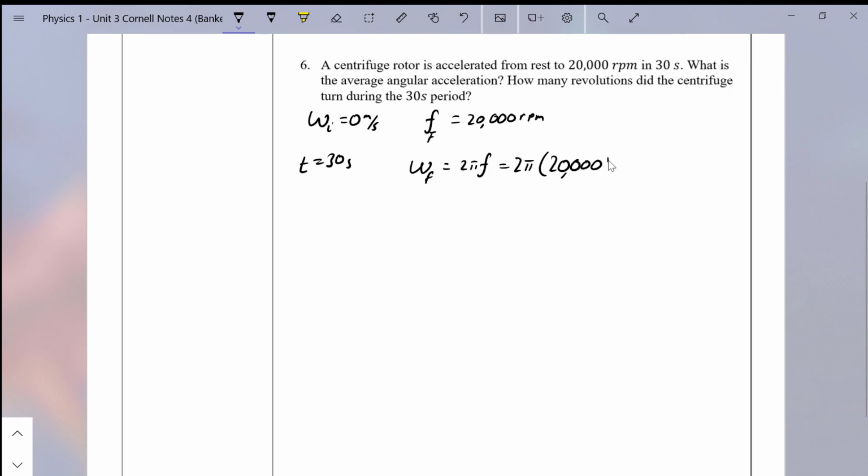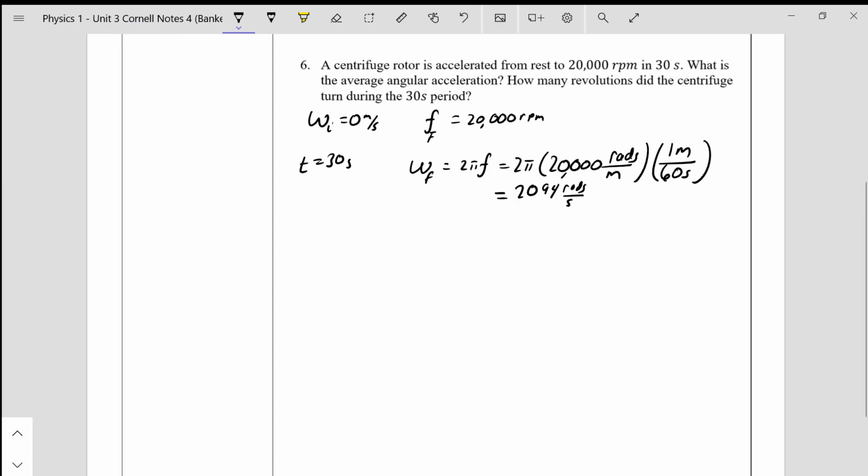Actually, sorry, that's radians per minute, because this 2 pi converts rotations to radians, but we've only converted rotations to radians, so our minutes have been left there. To get rid of minutes and replace them with seconds, we divide by 60. When I plug that into a calculator, I get somewhere around 2,094 radians per second.